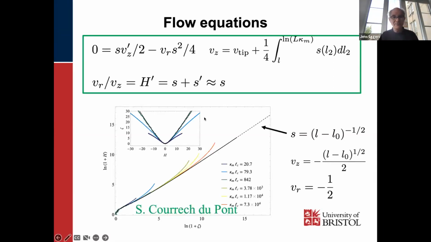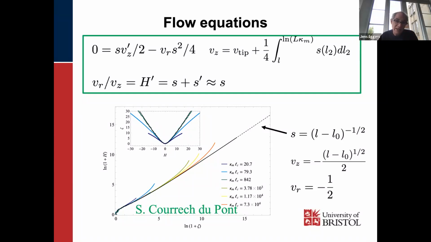Let's try to compare it. So these are the old experiments by Sylvain Courrèges Dupont, performed about 20 years ago in Bristol when he was postdoc. At the time, we didn't have a theory for it, but let me explain.